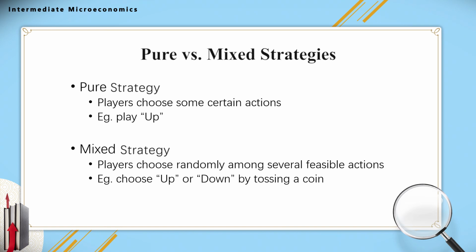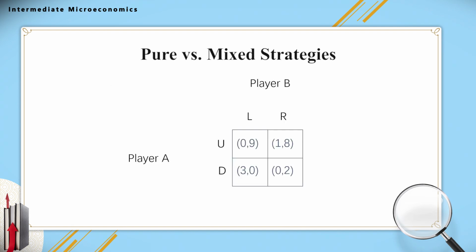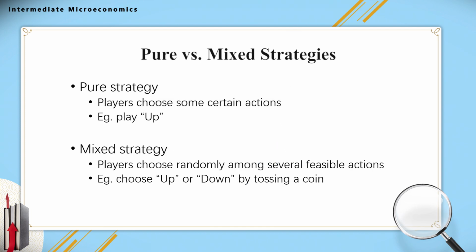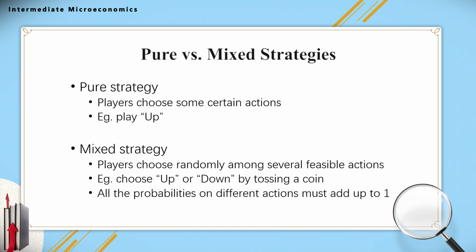For example, back to our first example of simultaneous game. If we slightly modify the payoff parameters, you will find that this game has no pure strategy Nash equilibrium. But if we consider a mixed strategy, we are able to find a Nash equilibrium. One important feature of mixed strategy is that all the probabilities on different actions must add up to 1.